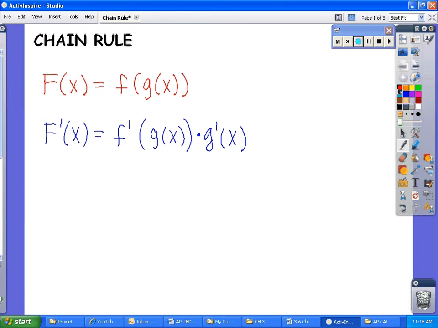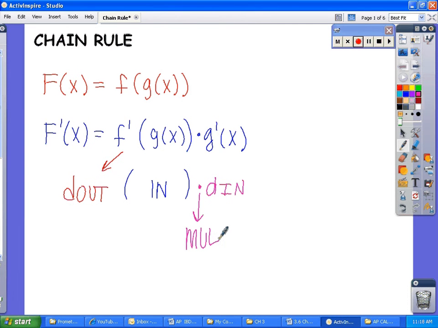But in class, you'll hear me say, take the derivative of the outside, leave the inside exactly the way that it was, multiplied by the derivative of the inside. And this is the only time you hear the word multiply.